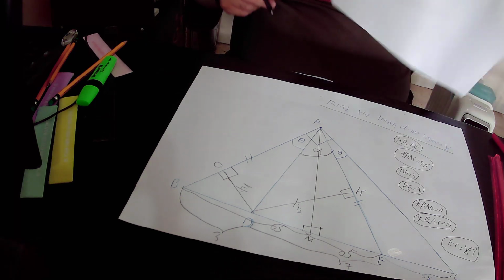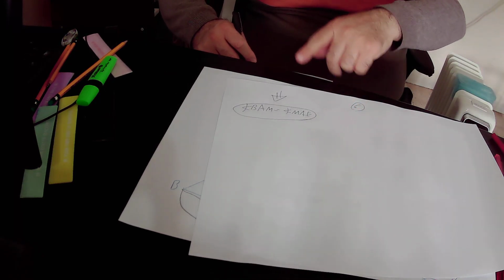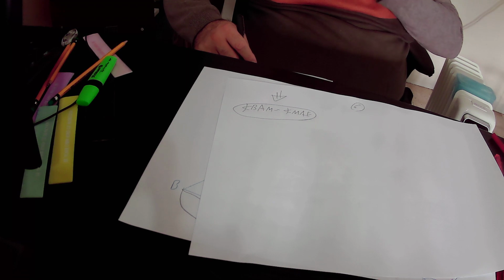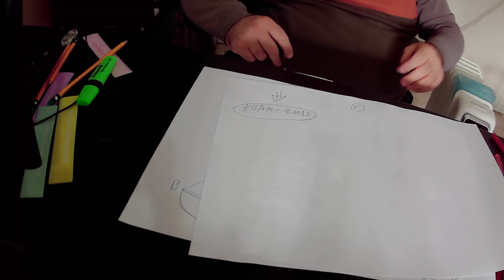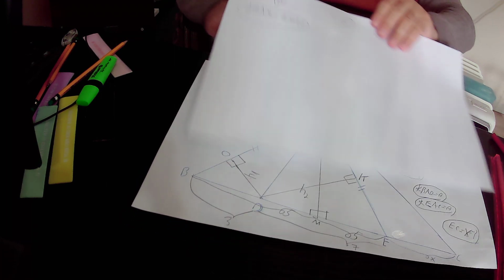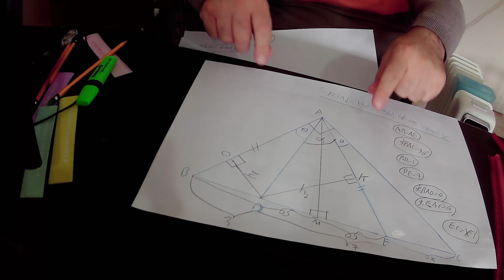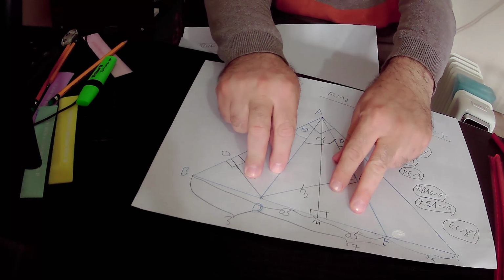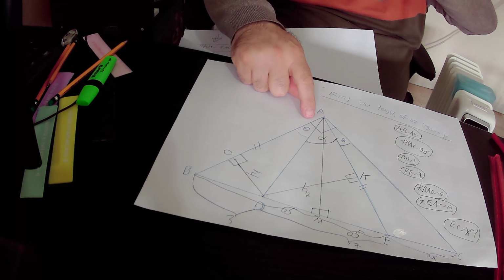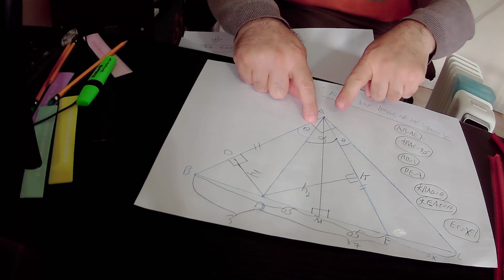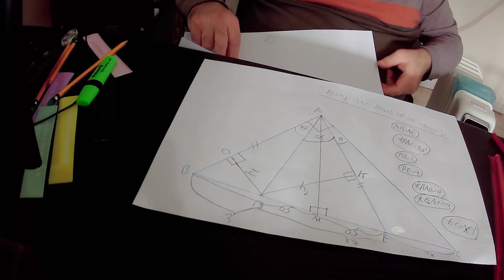I'll repeat again. We conclude that angle BAM is equal to angle MAE according to the rule that corresponding angles in congruent triangles are equal to each other. Therefore the corresponding angles, angle BAM and angle MAE, will be equal to each other.